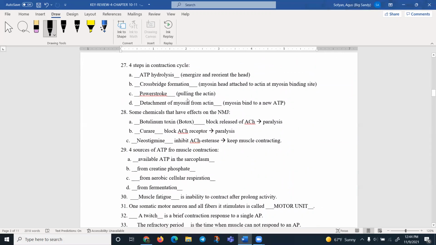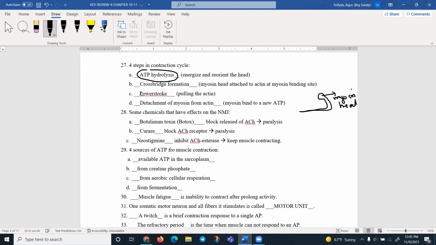Okay, steps of the contraction cycle. There are 4 steps. First, the ATP hydrolysis. This is when the ATP releases one phosphate and becomes ADP, and that release of one phosphate from ATP will make the myosin head bend and start to attach to the actin.